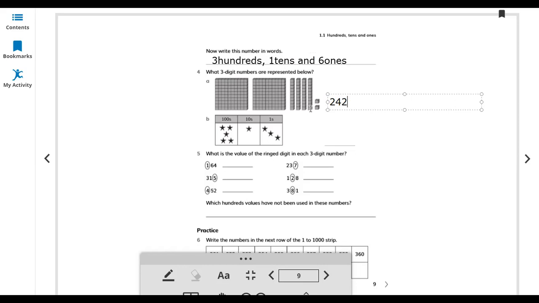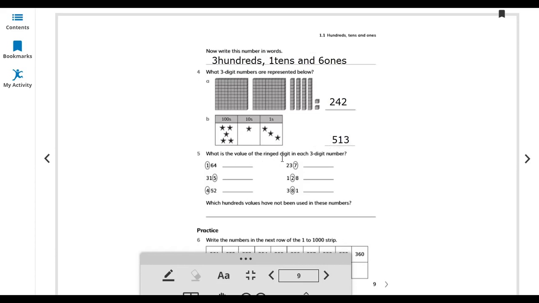So 242. Like this, count how many at the hundreds place value, tens place value, and ones place value. So 1, 2, 3, 4, 5 hundreds, 500, and in the tens place 1, and in the ones place 3. So 513.